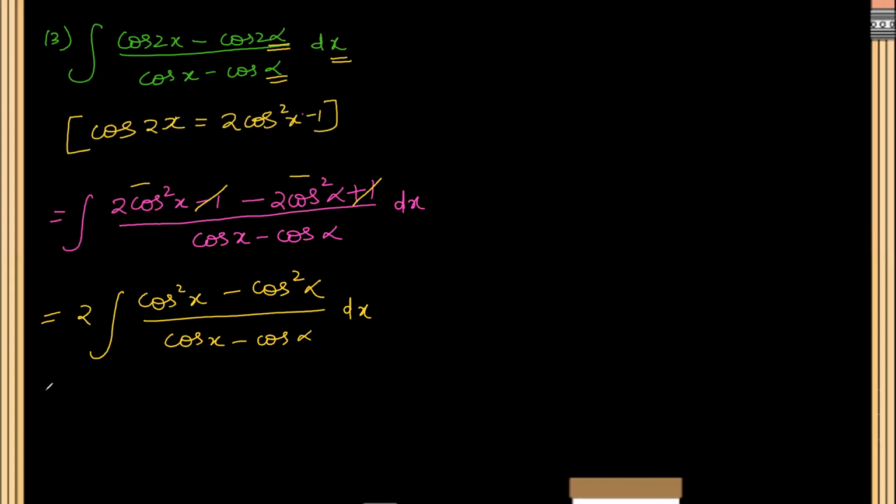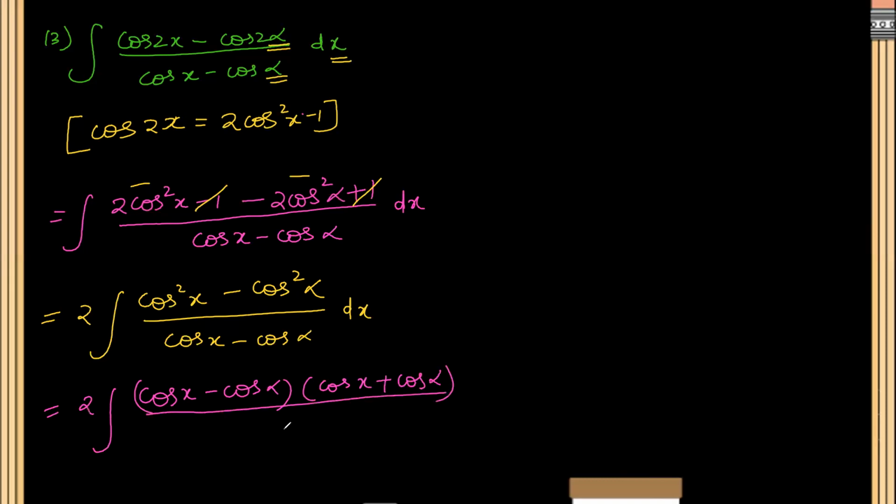This can be written as a plus b into a minus b. That is cos x minus cos alpha into cos x plus cos alpha the whole by cos x minus cos alpha into dx. As a whole, this cos x minus cos alpha gets cancelled.